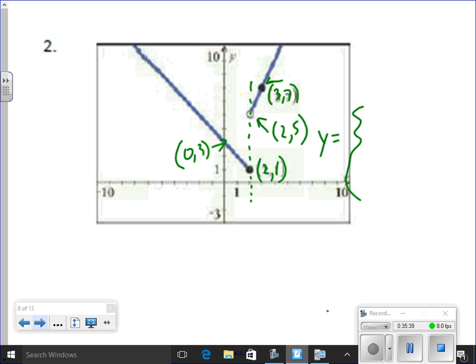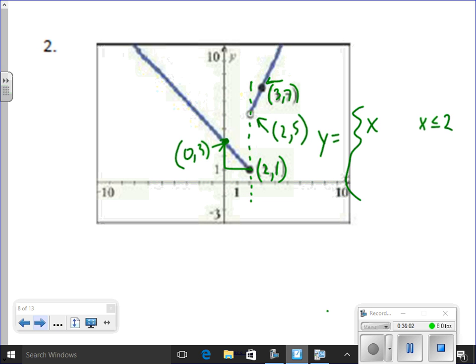So since this is a closed circle, then we're looking at x values that are less than or equal to 2. It is going to have the equation, the slope of this line is down 2 over 2. So 2 over 2 is a slope of 1. So it's going to be 1x, or just x.